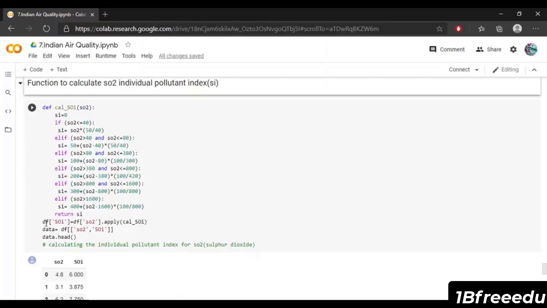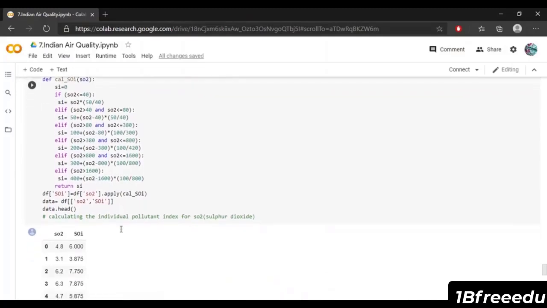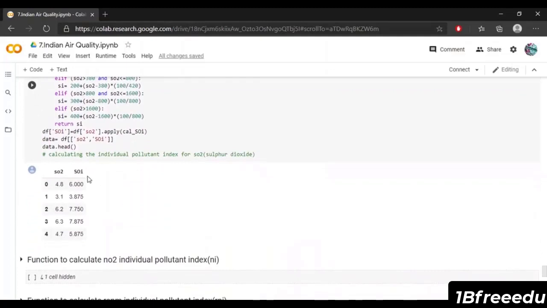Next, we have created a data frame which has the original SO2 values and the SOI, which is nothing but the individual pollutant index. And after calculating, you can see that these are our calculated values from the SO2, or sulfur dioxide, column.